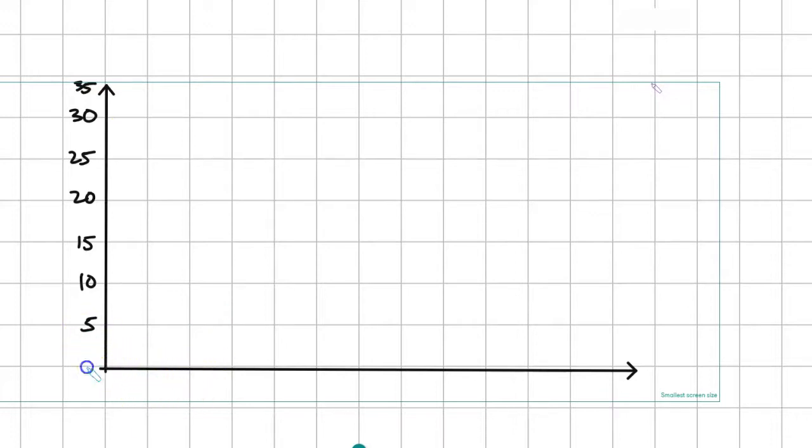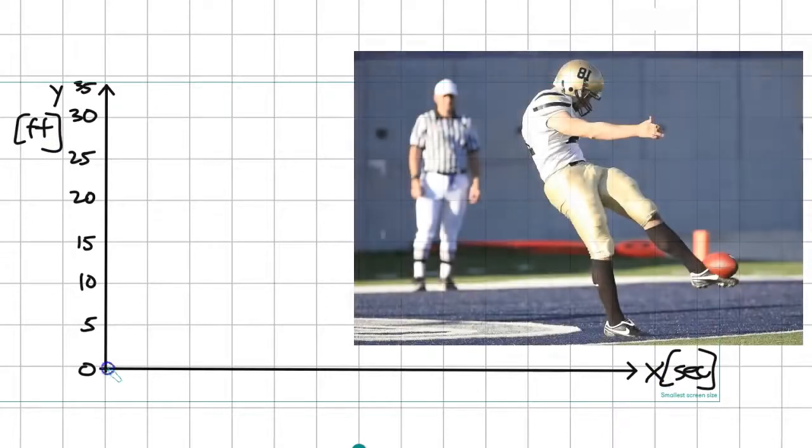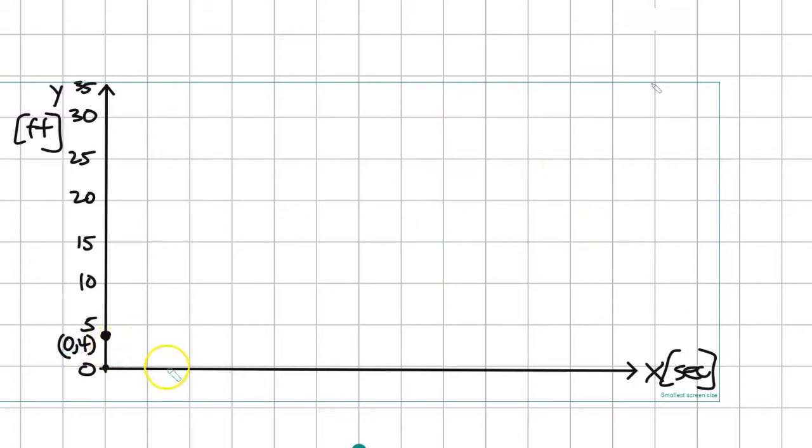This is 0, and then this is x, and this is y, and this is in feet, and this is in seconds. We know at 0 seconds we're at 4 feet, so we start right there. So this is the point 0, 4. Then let's have each of these tick marks be a half a second.